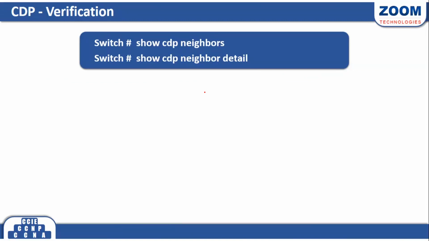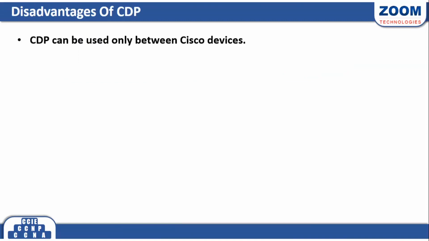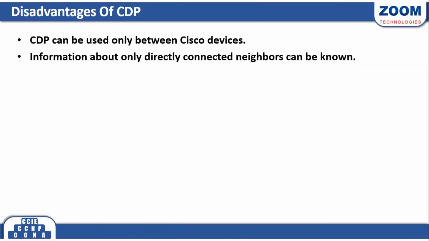What if you have non-Cisco devices in your network? It will not discover them. So that is the drawback. But we have one more protocol to discover Cisco and non-Cisco devices. Disadvantage of CDP: CDP can be used only between Cisco devices, and information about only directly connected neighbors can be known.